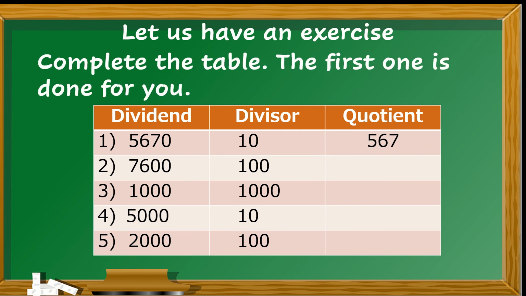Complete the table. The first one is done for you. Number 1 is 5,670. For the dividend, the divisor is 10 and the quotient is 567. Ano nga uli yung quotient? Yung quotient ay yung answer or sagot dito sa pagdi-divide ng 5,670 at saka 10.